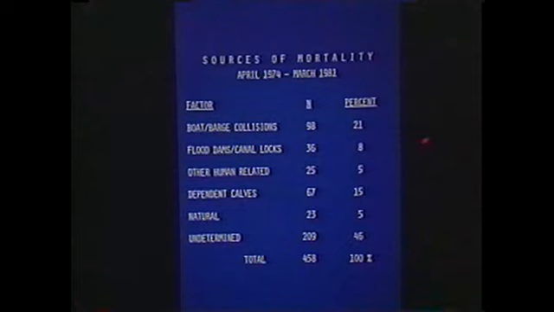Altogether on this one 21%, another category was related to drowning associated with canal locks and dams in the southern part of Florida. Other human-related categories were exemplified by poaching.